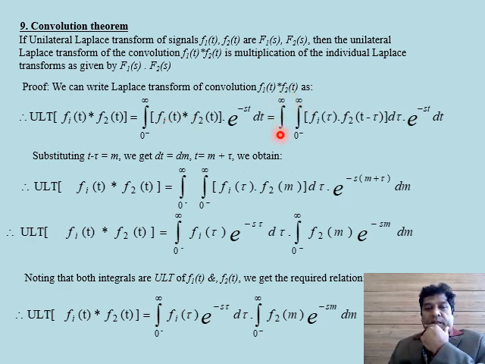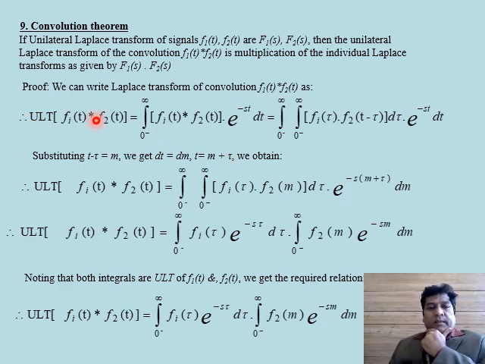The first integral is the ULT integral. The second one is for this convolution integral. And you will get f1 of tau into f2 of t minus tau d tau into this e power minus st dt. Now we will write t minus tau as a new variable m, and we will get dt is equal to dm, and you have to substitute wherever t is there, m plus tau.